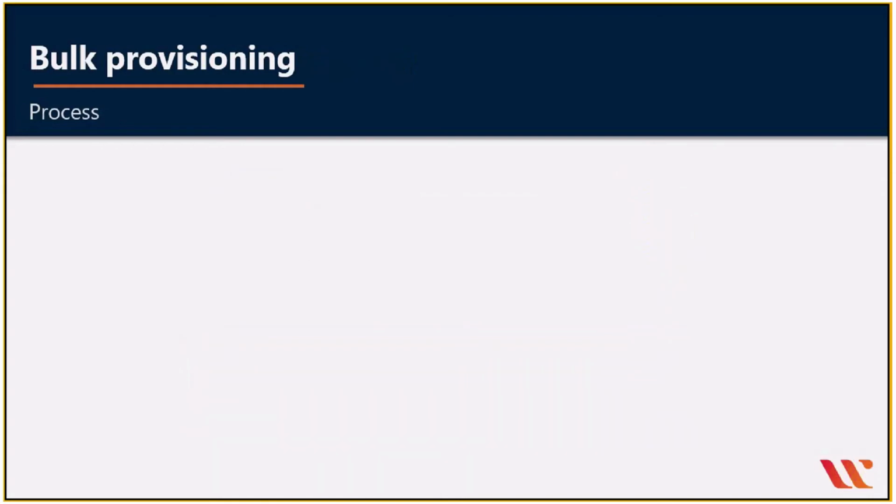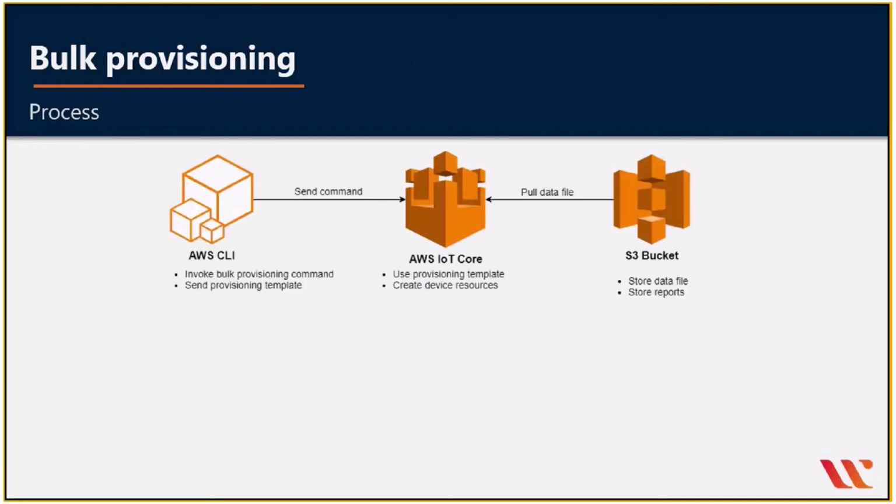Let's see what is bulk provisioning. So bulk provisioning process is used to provision multiple devices at the same time. This process suits the use cases where the manufacturers are required to equip the devices with certificate and keys before they are deployed. To achieve this, first the certificate signing request or CSR is generated for each device. Then a data file is created using this CSR, which contains other device attributes such as name and serial number.